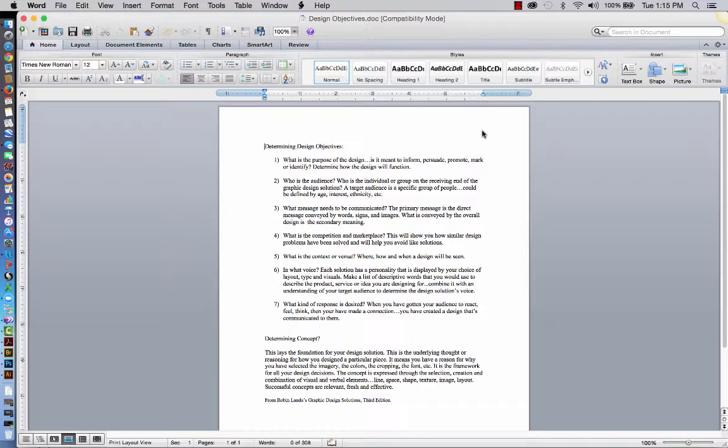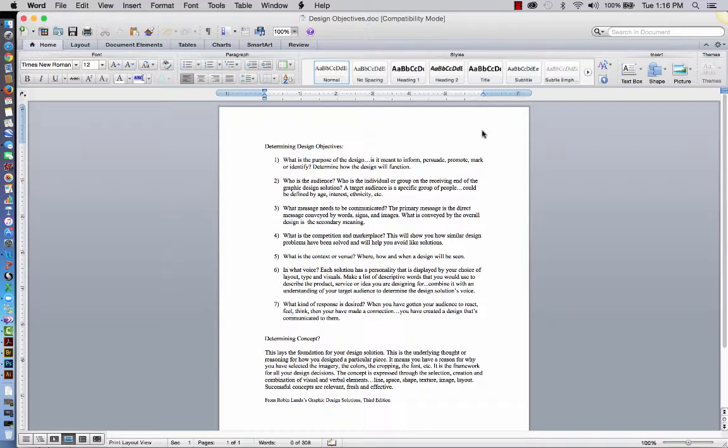It could be intended to promote something, like a particular organization or political candidate, or even your own business. The design could be intended to mark or identify, like a business card or a logo does for a particular company. So your first step is determining how the design will function. Again, inform, persuade, promote, mark, or identify.